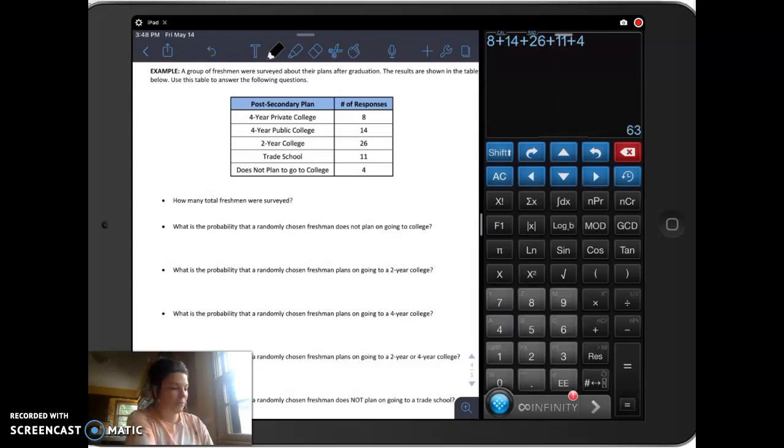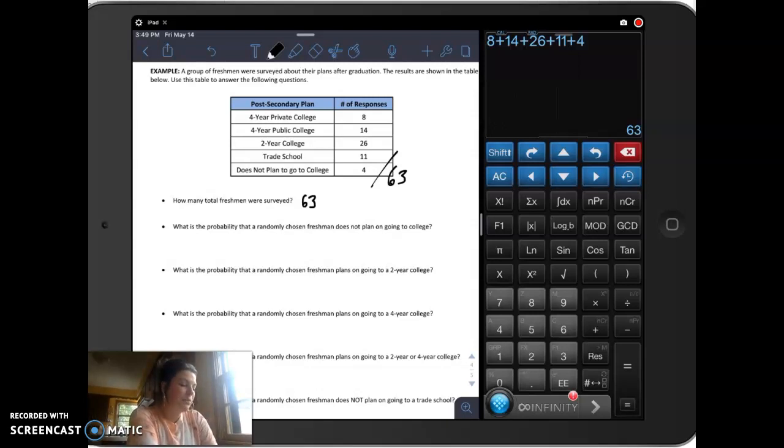We get 63. Now, something that I do is I always find the total of my table first, and I write it down next to the table. It's just a quick and easy thing that I do to keep track. How many total freshmen were surveyed? 63. You could write a whole sentence if you want to, but it's not necessary for this.